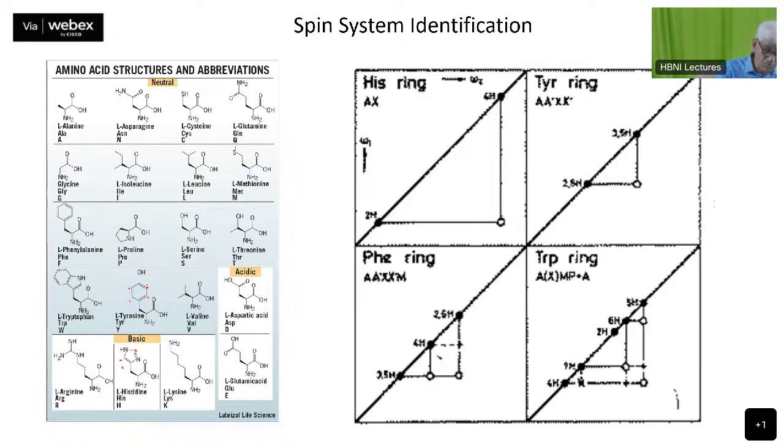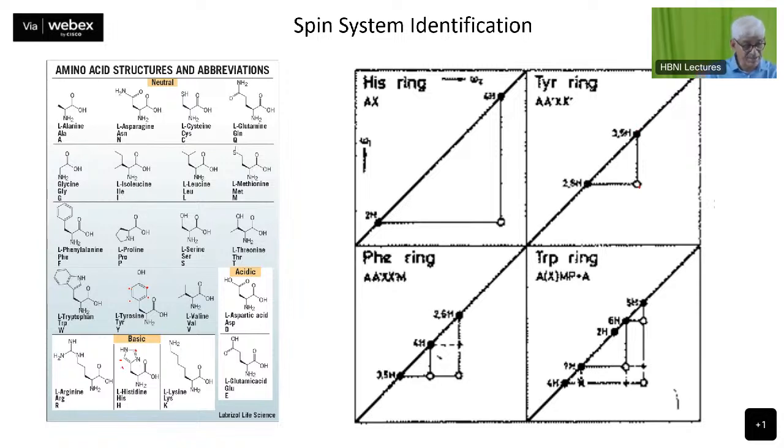Typically these two protons will be equivalent, and these two protons will be equivalent. They are labeled in this manner: tyrosine ring AA'XX'. This is the nomenclature used when they are chemically equivalent but magnetically slightly non-equivalent, and that is why you use the terminology AA'XX', but chemically they are equivalent. So one chemical shift for the 2,6 protons, another for the 3,5 protons, and you have one cross peak there.